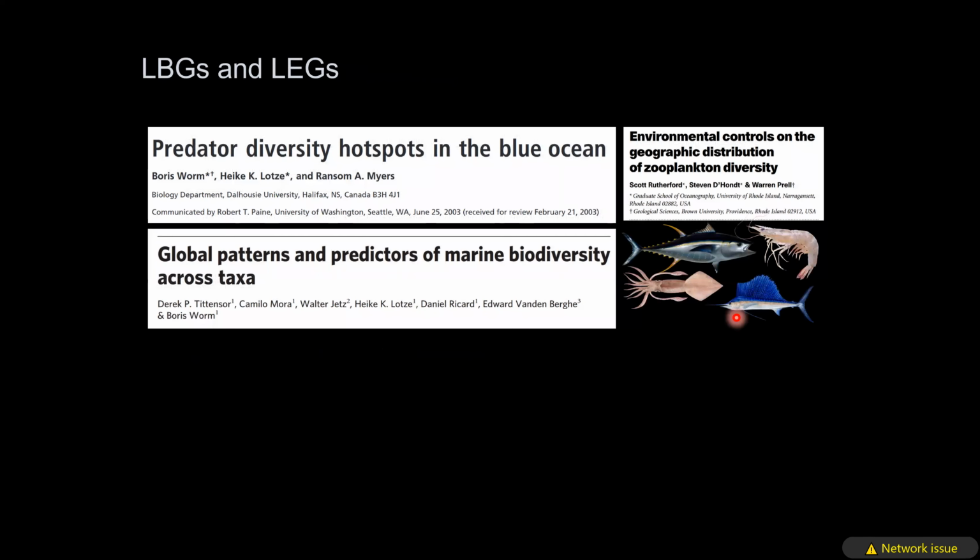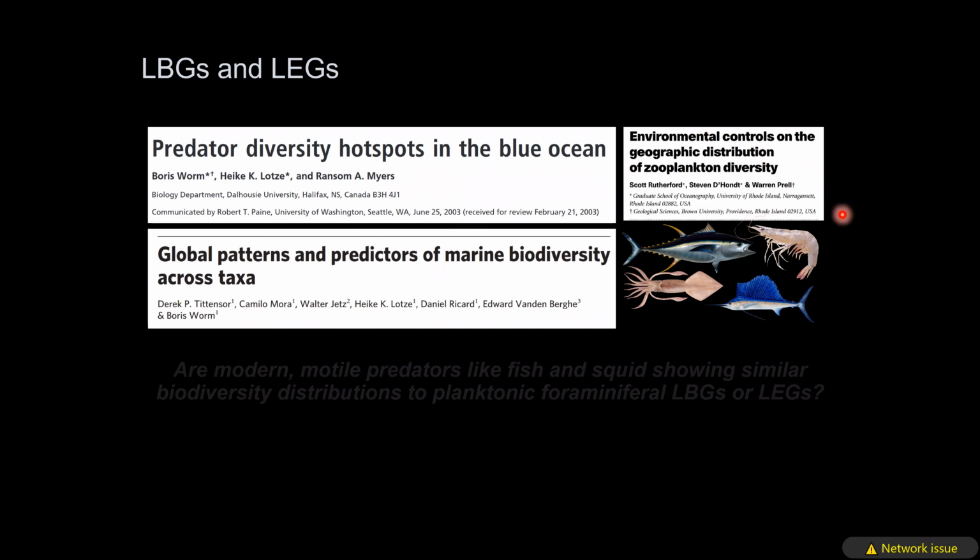That's because in the modern ocean, where our LBGs and our LEGs are very highly correlated, the biodiversity hotspots and the biodiversity gradient of planktonic foraminifera match very well the gradients of macrotrophic resources such as tuna, billfish, krill, and squid, all resources which are very important to billions of people around the planet.